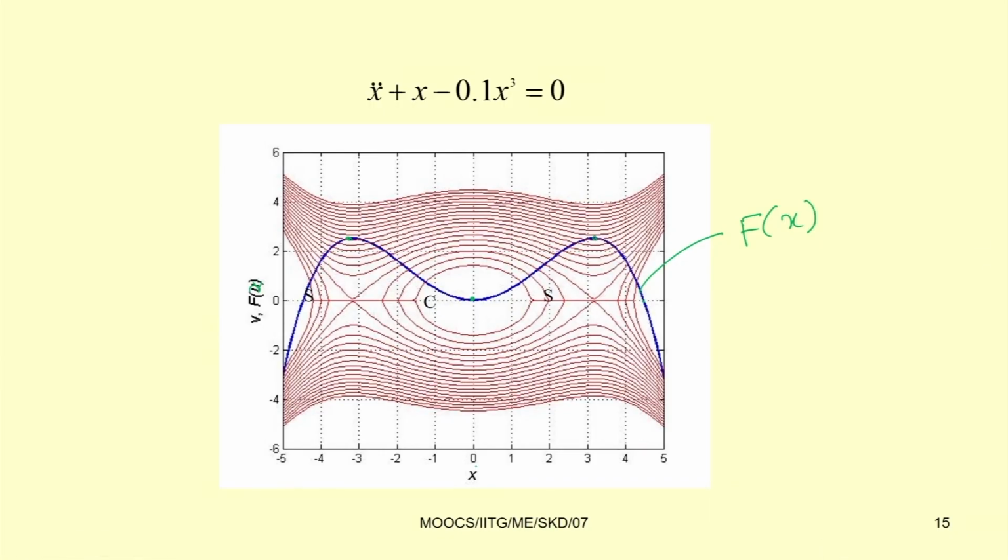Now, if you plot this x versus x dot, let us see the equation we got, that is x dot, that is v equal to root over 2 into (h minus F(x)). If F(x) is greater than h, in that case this part will be negative, and the root of a negative part is imaginary.